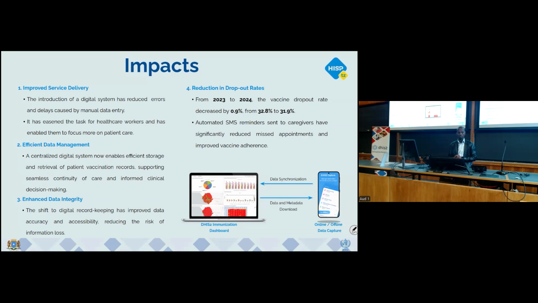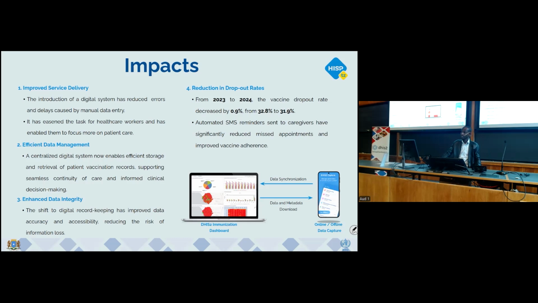But another result out of that is, of course, efficient data management across the board from the health facility level, because they are not managing things manually now. It's primarily digital, but it also reduces the burden at the district level, which is very much understaffed, and they have a lot of priorities, and all the way up to the program management at the central level within the states as well as the national level.